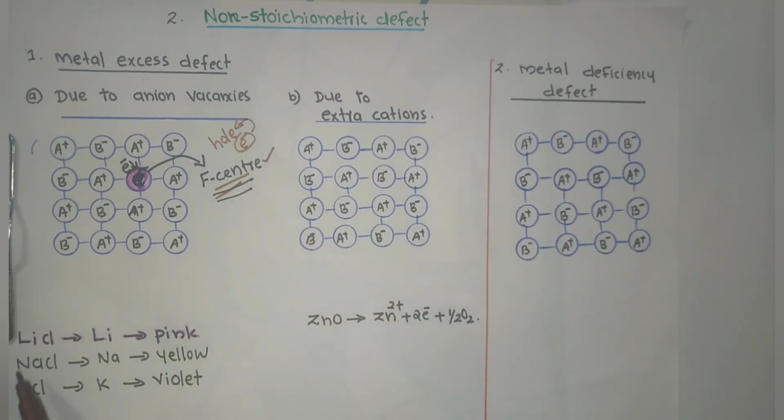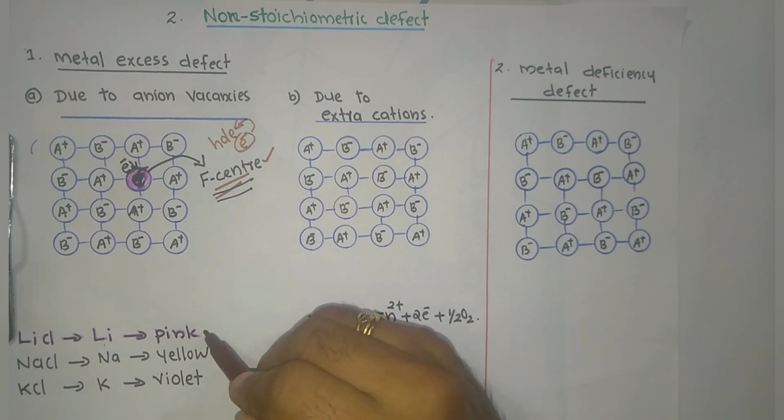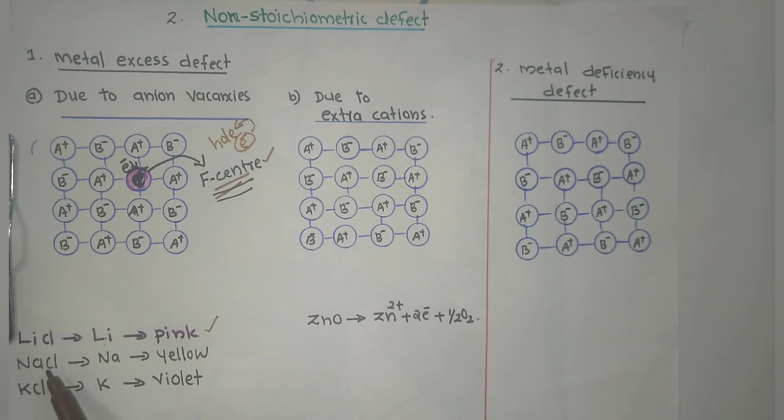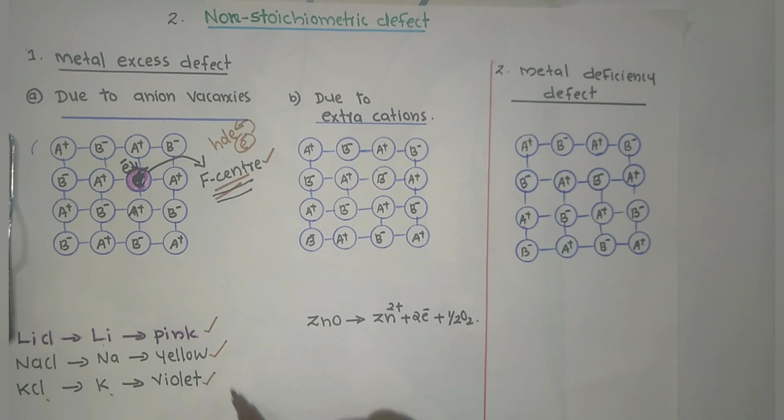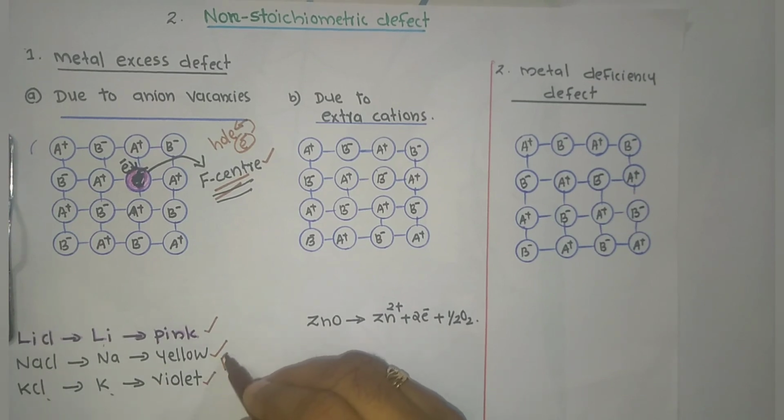For example, lithium chloride crystal heated in an atmosphere of lithium vapor imparts pink color. Sodium chloride crystal heated in sodium vapor imparts yellow color. Potassium chloride crystal heated in potassium vapor imparts violet color. This is due to F center.